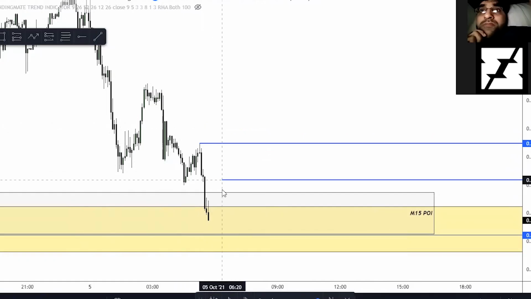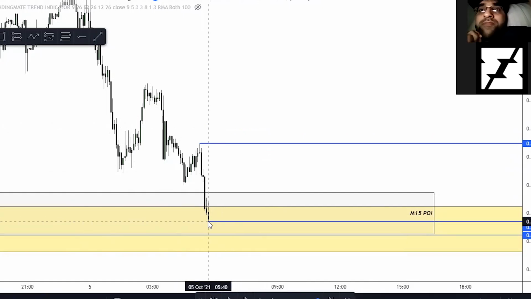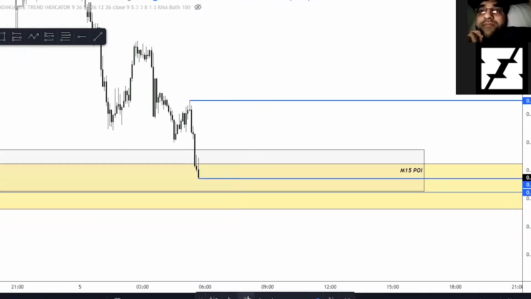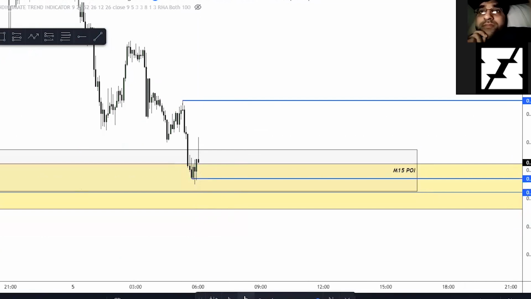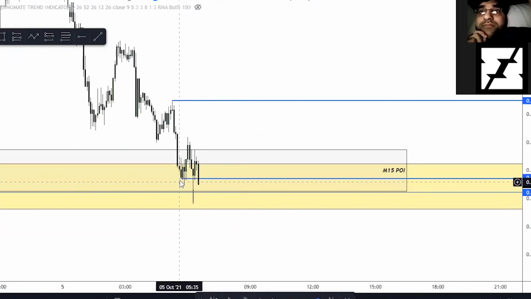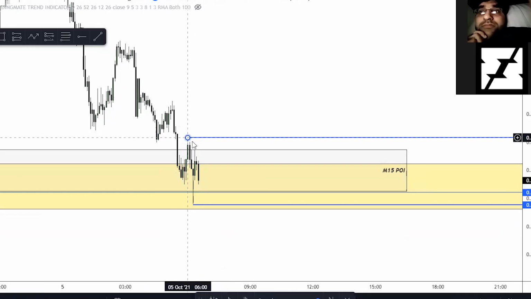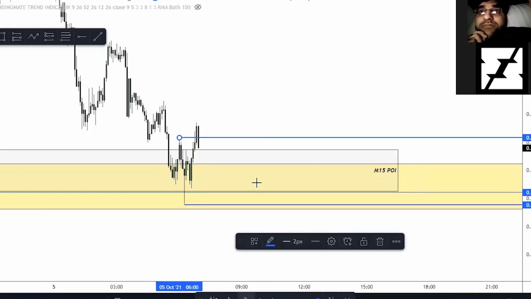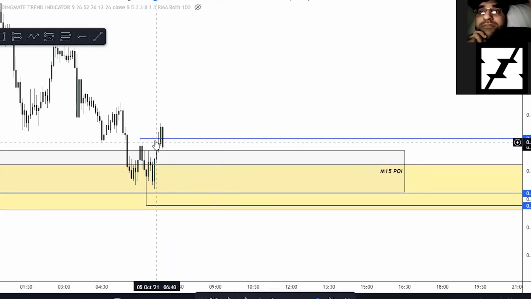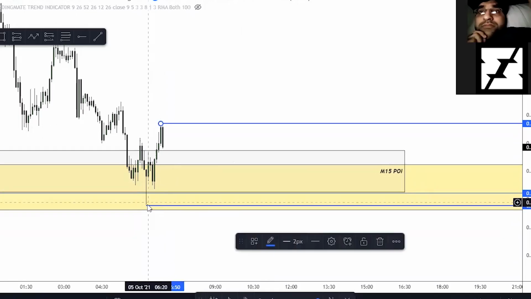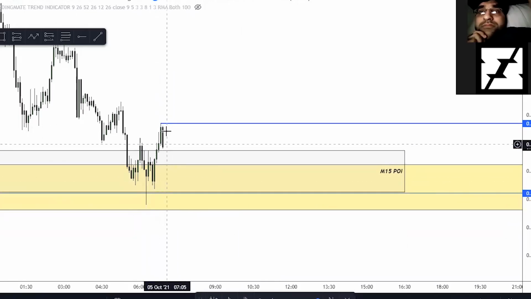So this is a high, and this is a low. Let's see. High here, low here. Okay, so we have a chalk right here. High here and low here. So we have a chalk right here.